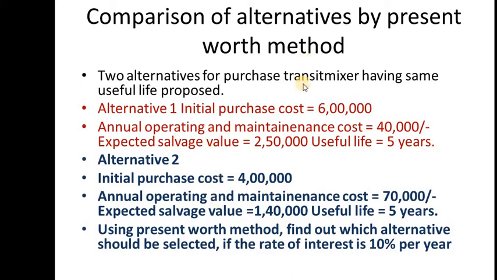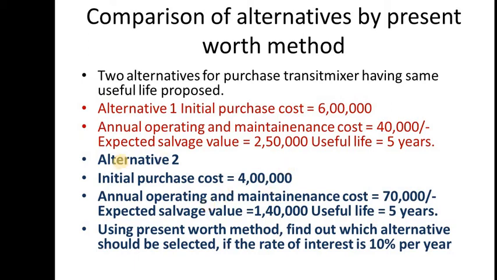I'm going to purchase a transit mixer, so in these two alternatives I have to calculate the present worth of the transit mixer. I will buy the one with the least present worth, right? So the least amount will be the best alternative among the two.